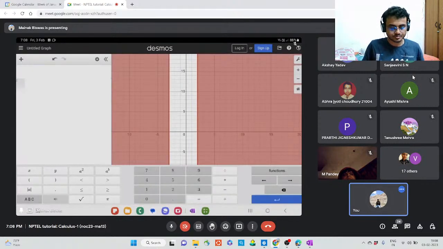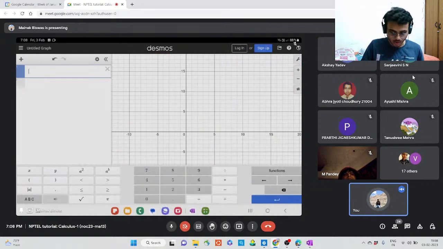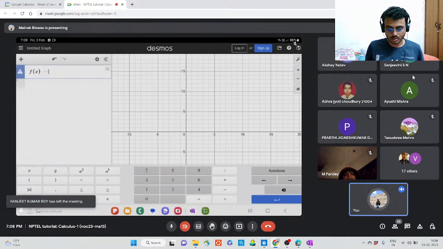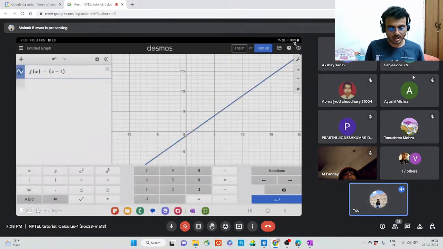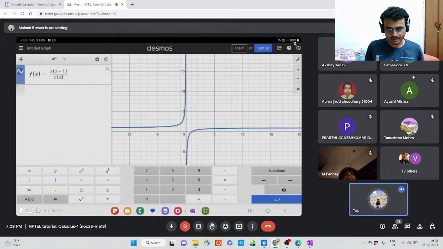So what is the function we are plotting? F of x is equal to (x minus 1) into x by x into (x plus 2).